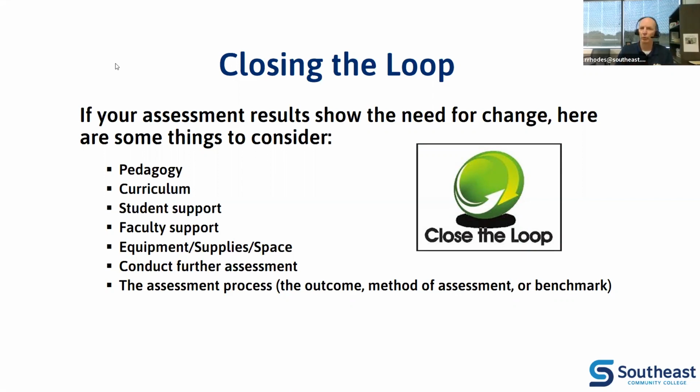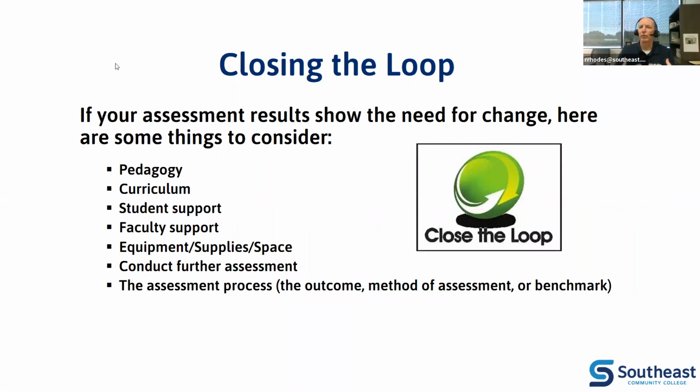Do they need tutoring, one-on-one, small group work? Or maybe it might even be our faculty. You know what, we need more training on this new piece of software, this new piece of equipment. Or maybe our equipment or supplies are not adequate anymore. Maybe the one-arm mannequin just doesn't cut the bill.